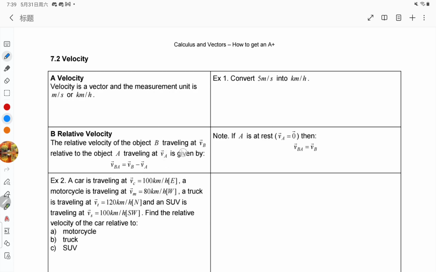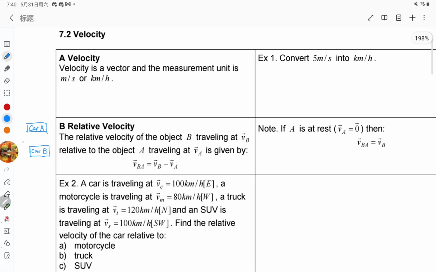So relative velocity of an object. You can understand it like this: if we have car A and car B, and they're both driving, just imagine you're racing two cars on the road, and car B is faster than car A. Of course they both individually have velocities VA and VB, but if we sit on car B and watch car A, the relative velocity that we perceive is VB minus VA, right?